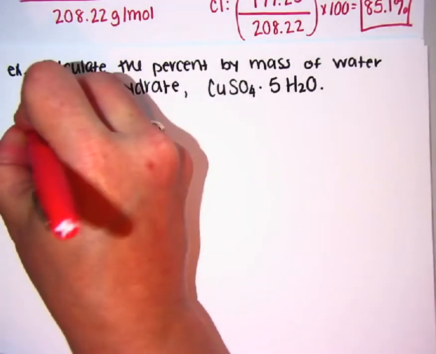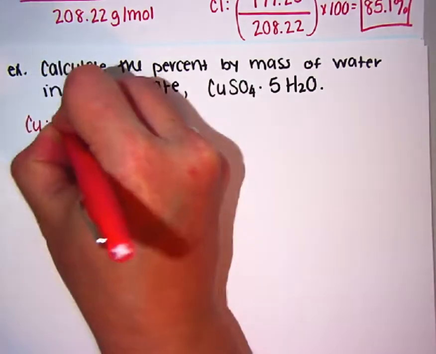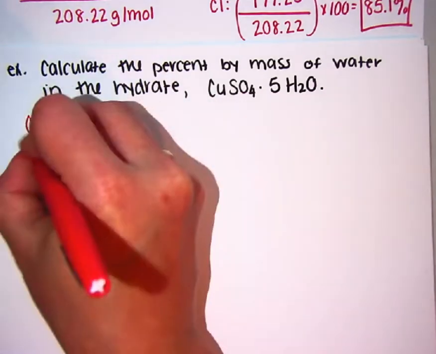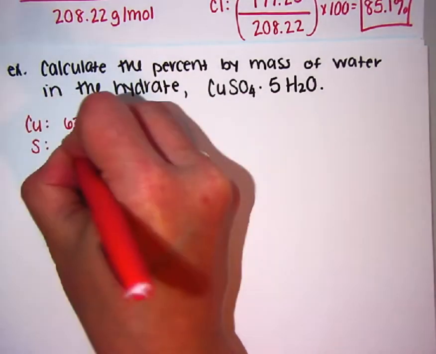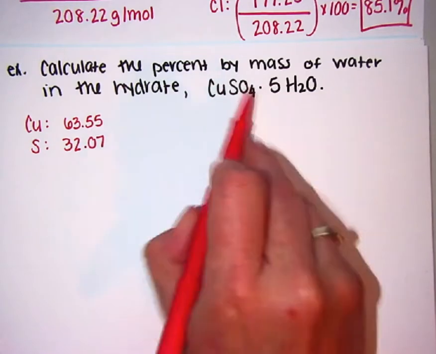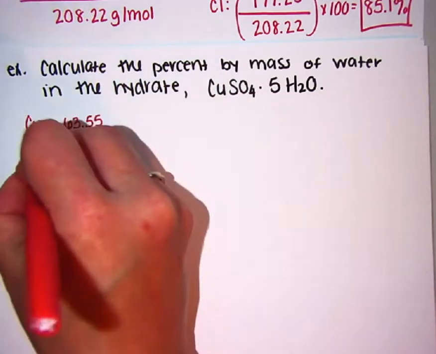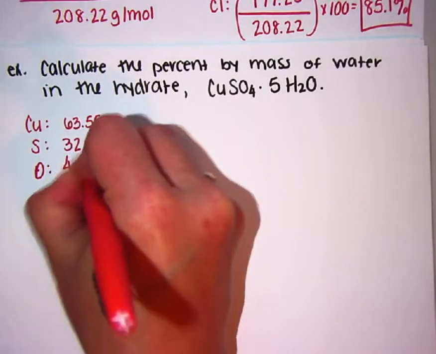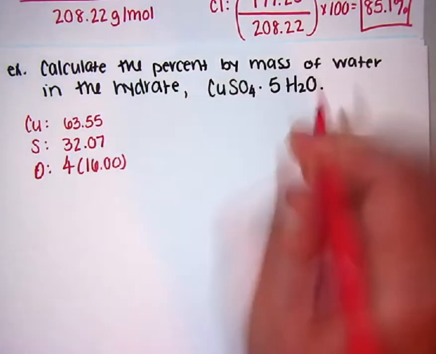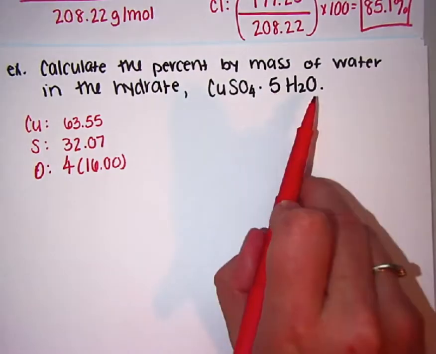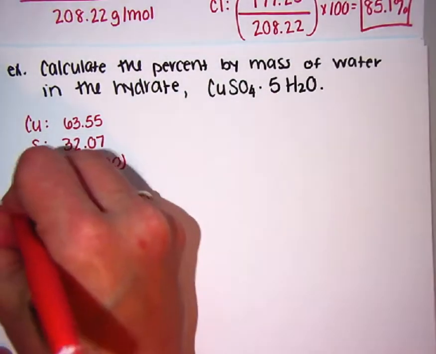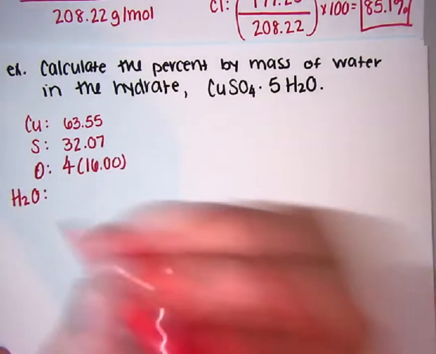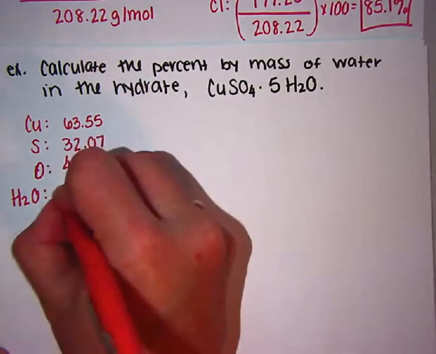So in my formula, I have 1 copper, 63.55, 1 sulfur, 32.07, 4 oxygens, and this means I have 5 moles of water. We already calculated the molar mass of water earlier in these notes.